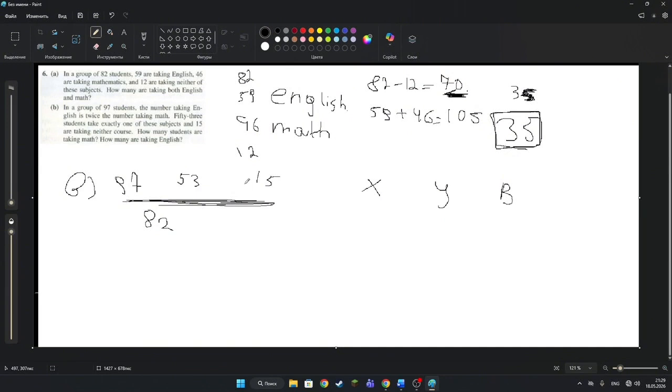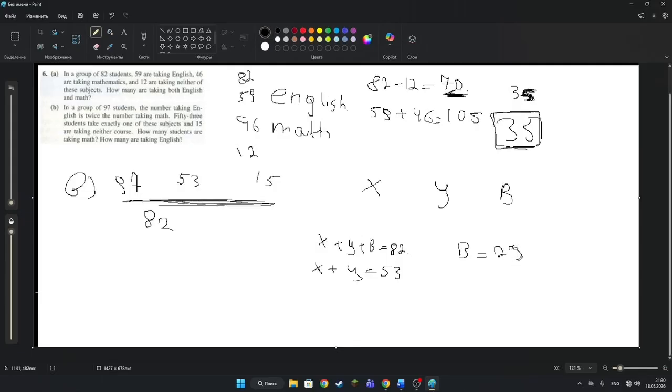Then we have that X plus Y plus B is going to be 82. It says that 53 students take exactly one of these subjects, so X plus Y is equal to 53. Then our B is 29.